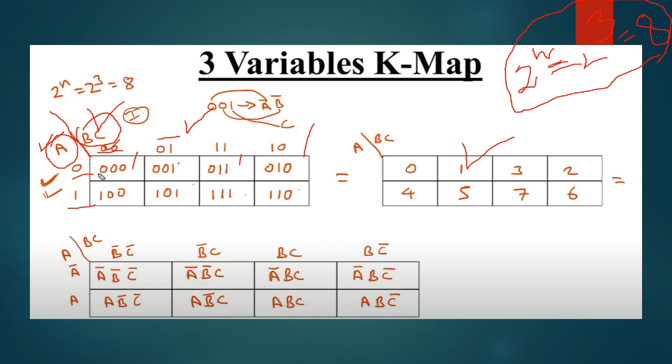This is 0, this is 1, and then 2, then 3. It goes like this. But as you can see, after writing 0 0 and 0 1, what we have written is 1 1. We have skipped one place, and we went to the next cell and written 1 0 here.